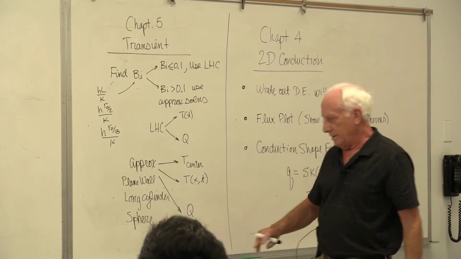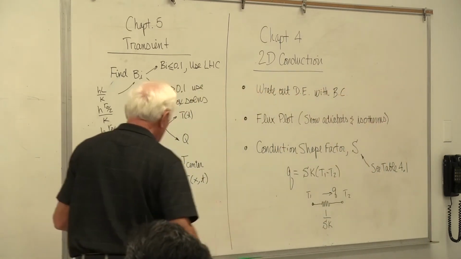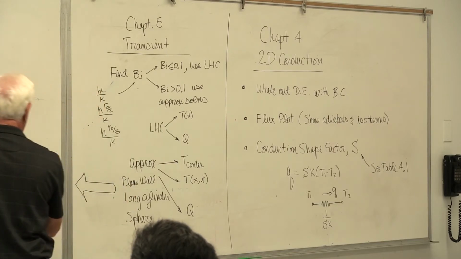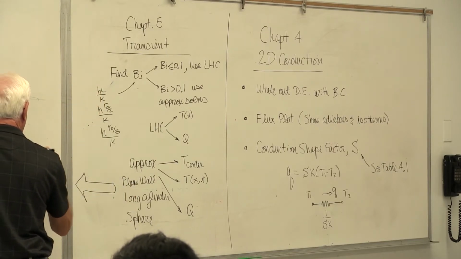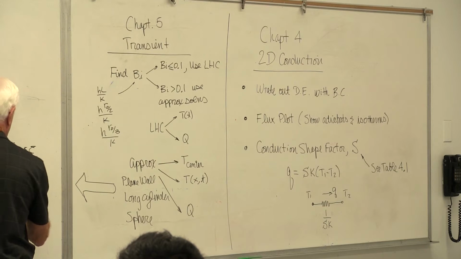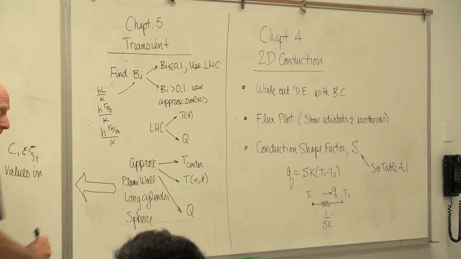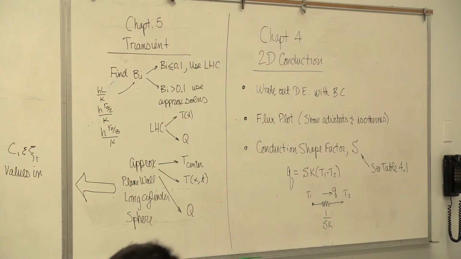You go down here. When you have these solutions, you've got to find C1 and zeta 1 for the approximate solution. Values in table 5.1.